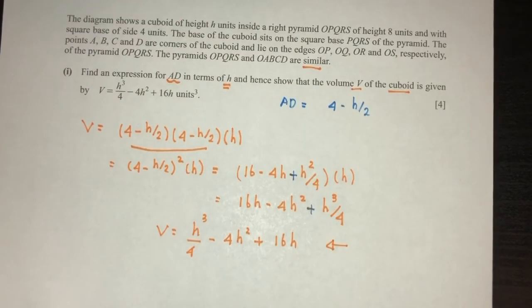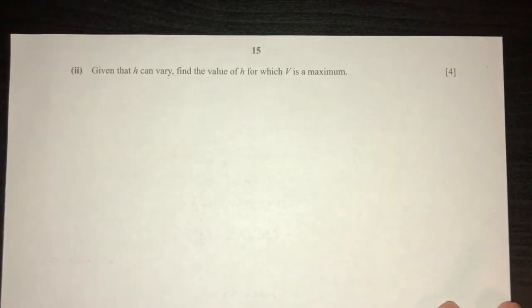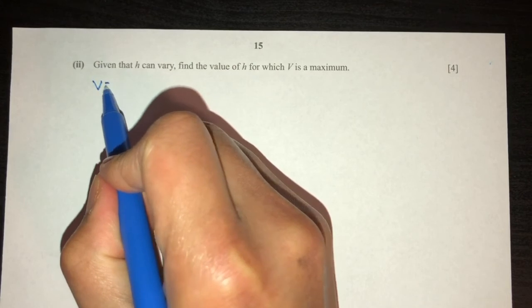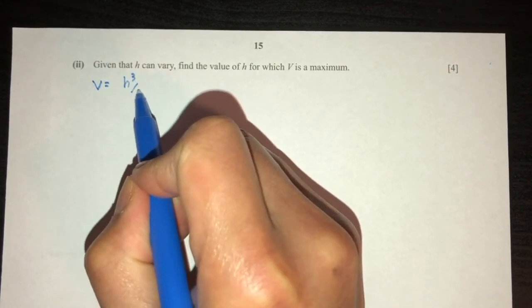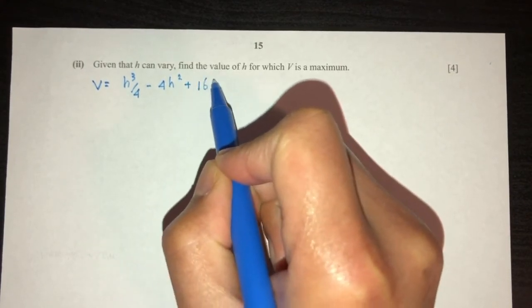Okay, that is for part 1 of the question, shown as required. Now part 2, given that h can vary, you have to find the value of h for which V is a maximum. So we have V as h cubed over 4 minus 4h squared plus 16h.